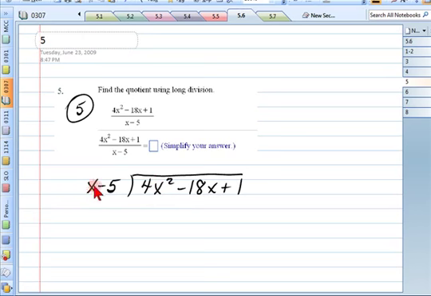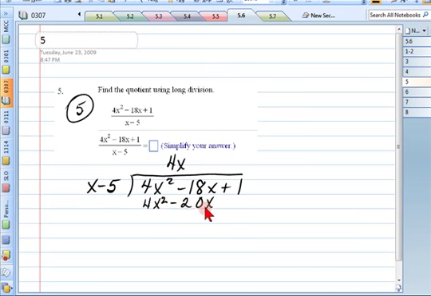Looking at this outer one, what would you have to multiply by x to make it become 4x squared? 4x. See, this gets easier the more you do it. 4x times x is 4x squared. 4x times negative 5 is negative 20x.